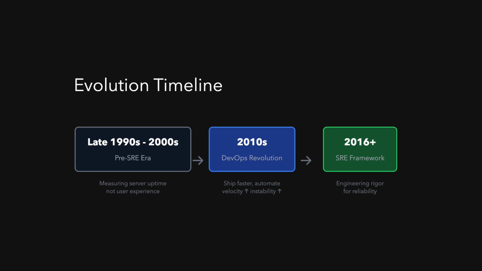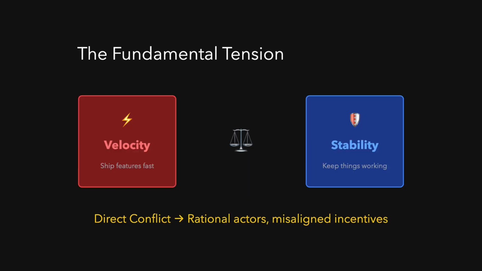And when things broke, the same old question came back. Whose fault is this? Even in DevOps organizations, a fundamental tension remained. Developers were incentivized to ship features fast. Operations teams were incentivized to keep things stable. These goals are in direct conflict. Think about this structurally.